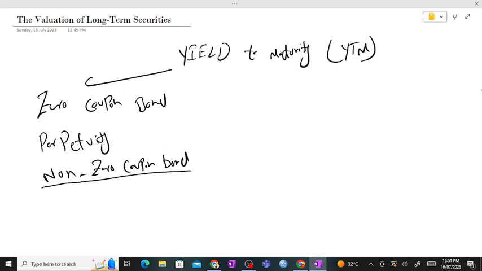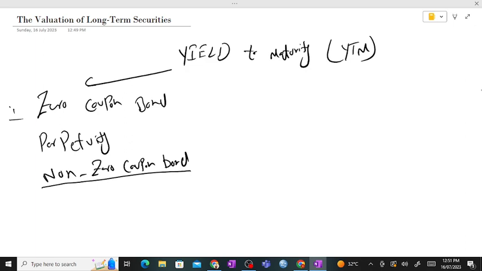Today we will understand what a zero coupon bond and a perpetuity are. In a zero coupon bond, as the name suggests, there is no coupon rate, so how will we solve these questions? First, let's take an example and then I'll give you a formula.